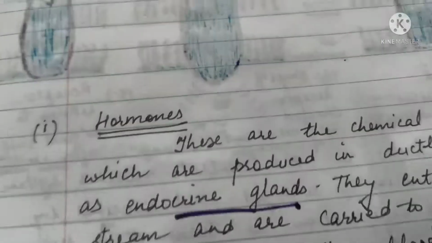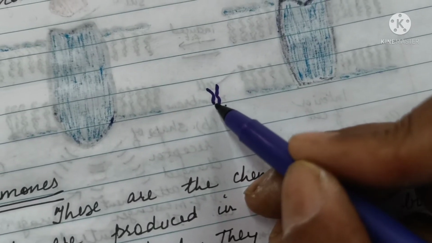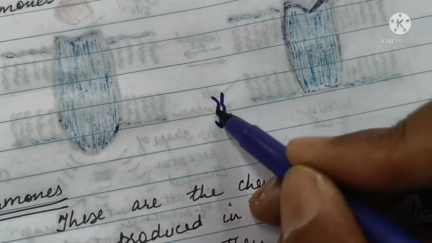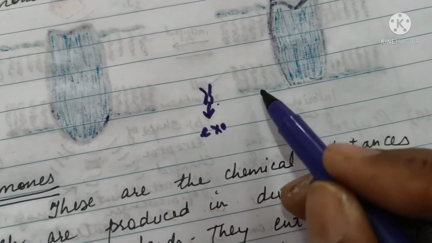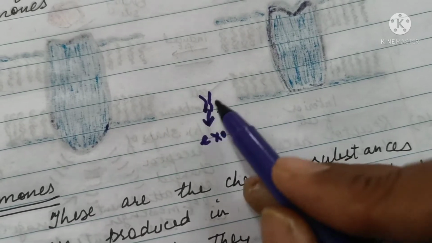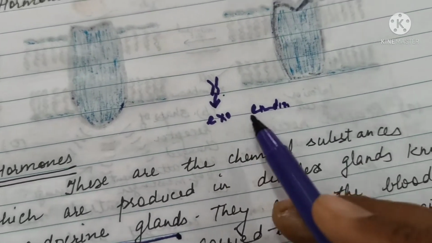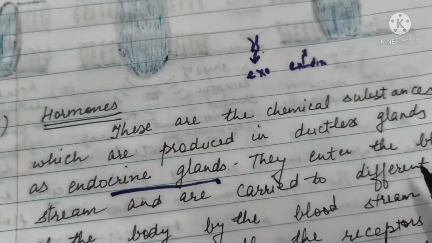There are two types of glands in the body. One in which the secretions are released through ducts, these are exocrine glands, and the other which are just secreted, with no duct, are known as endocrine glands. So the secretions secreted by endocrine glands are called hormones.